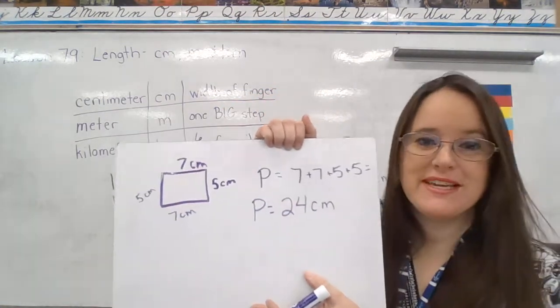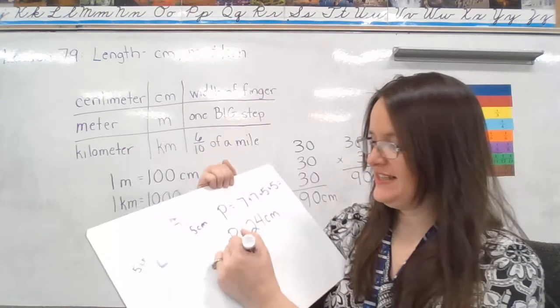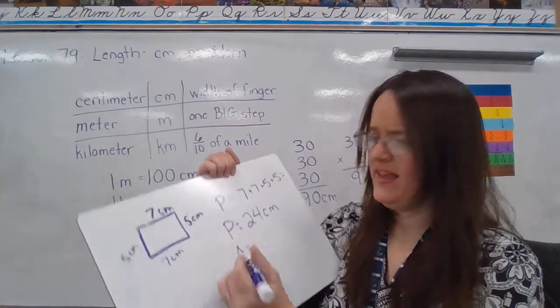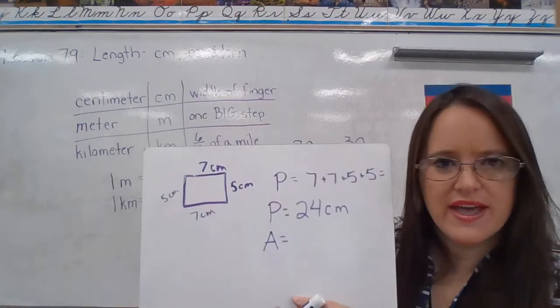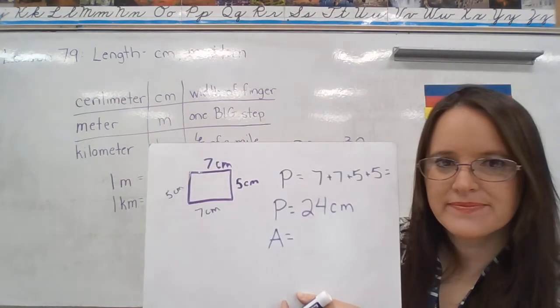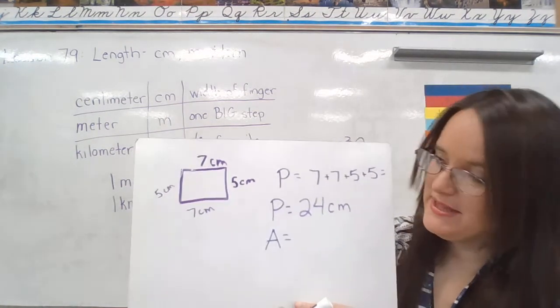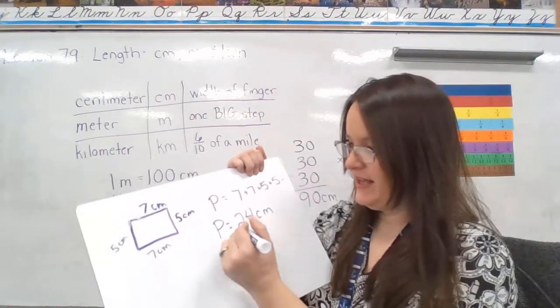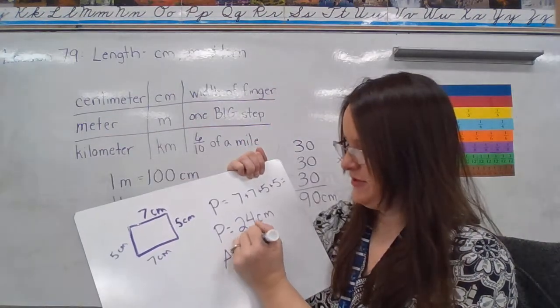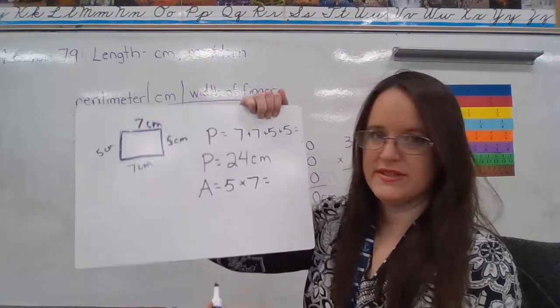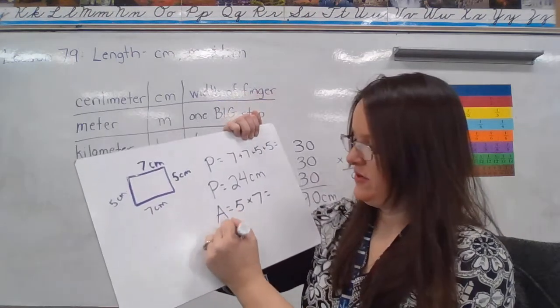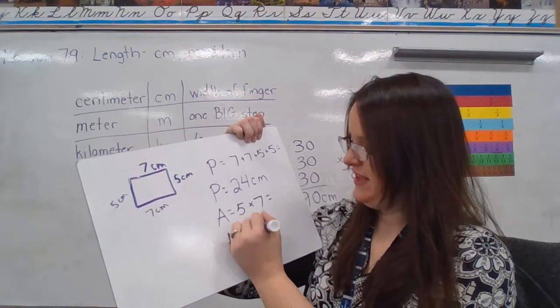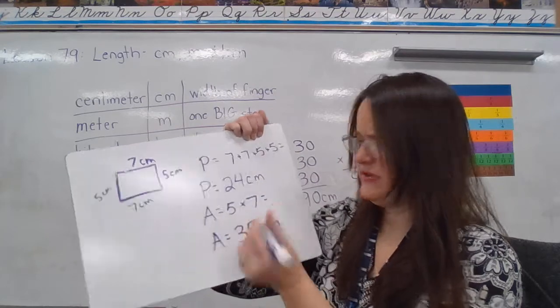Still not done because they also want us to find the area. How do we find the area of a rectangle? We multiply length times width. So my area is going to be 5 centimeters times 7 centimeters. And so area is 35 centimeters.